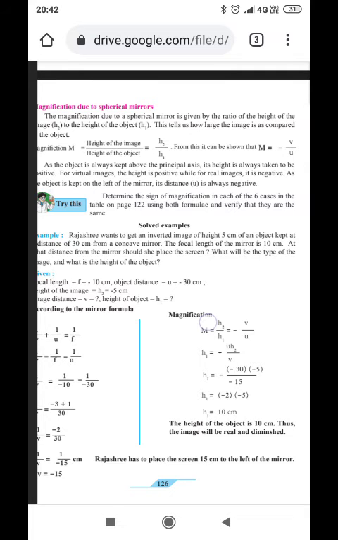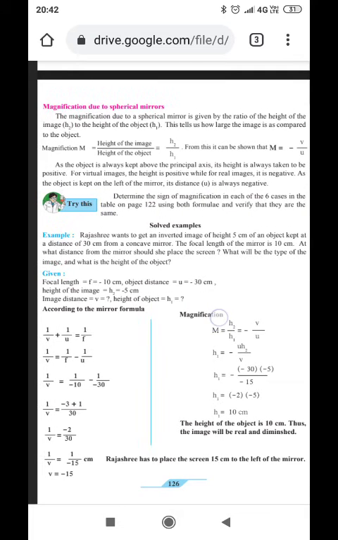Now, in minus v upon u, why is the negative sign there? Since the object distance is always on the left-hand side, it is negative, whereas the image distance, when on the right, is positive.